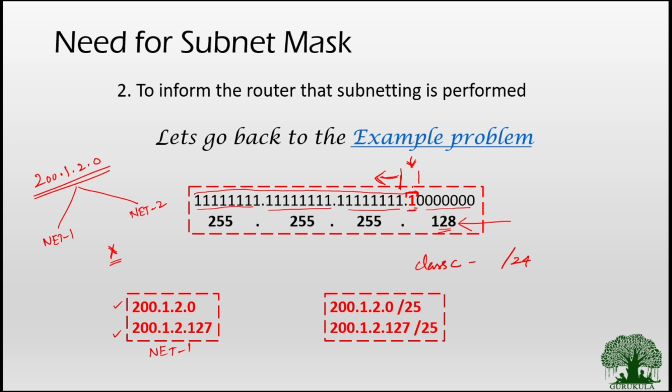The bits to the left of this line we are not altering, but we are taking one more additional bit here for subnetting purposes. We are using this bit also to represent the network. So totally we are using 24 bits plus 1 bit, which is 25 bits, to represent the network part. So /25 is represented over here.